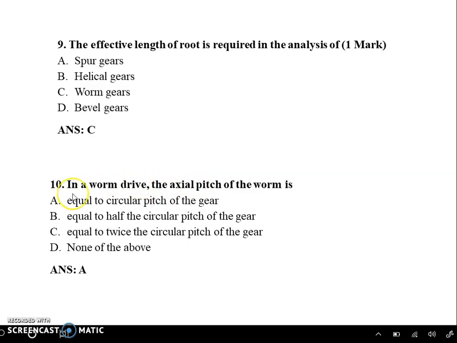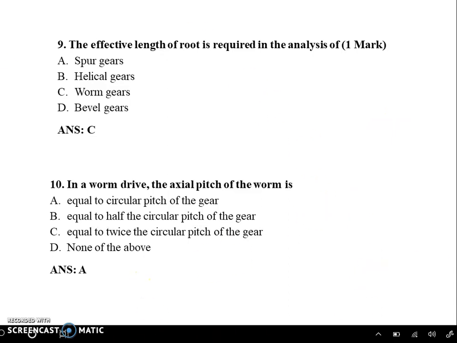So the axial pitch of the worm is equal to the circular pitch of the gear. That's why option A is the correct answer for this question.